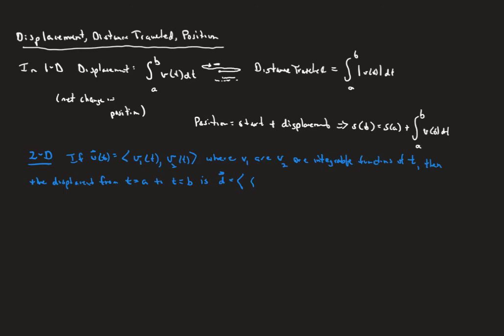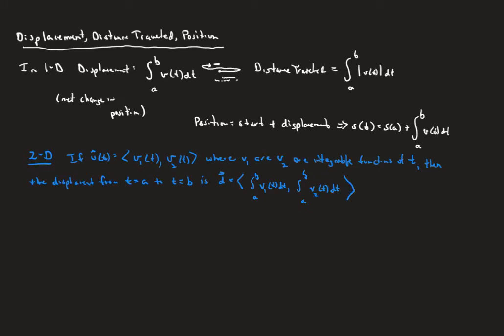So it's going to be the integral from a to b of v1 of t, that's that x component, comma, the integral from a to b of v2 of t dt. And that is going to be our displacement vector.